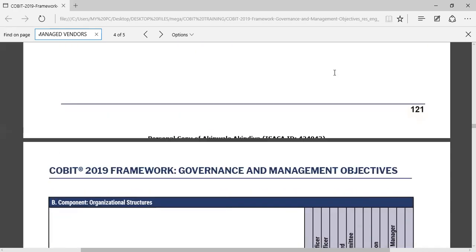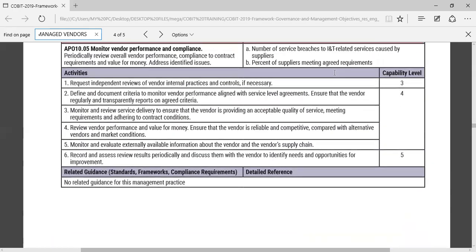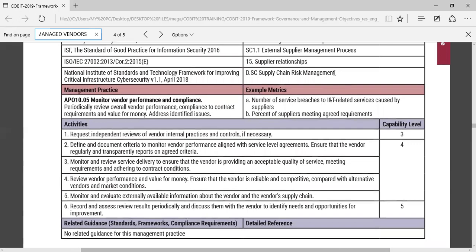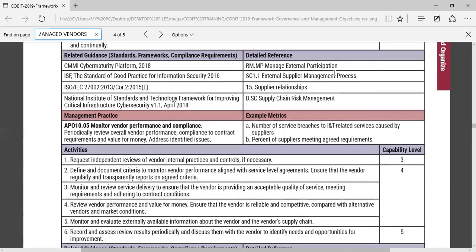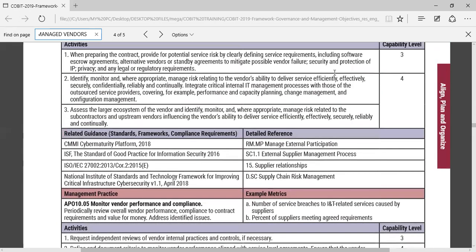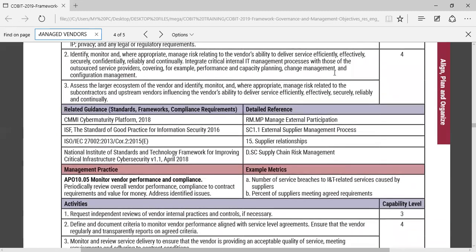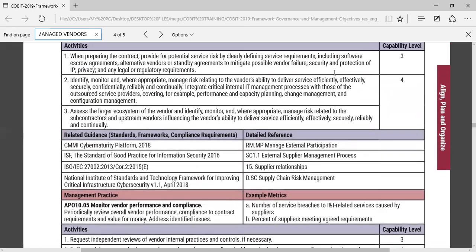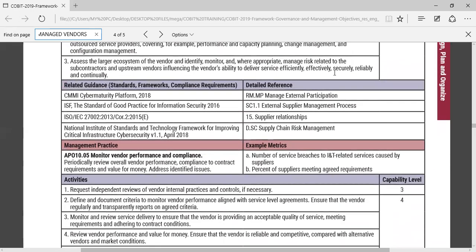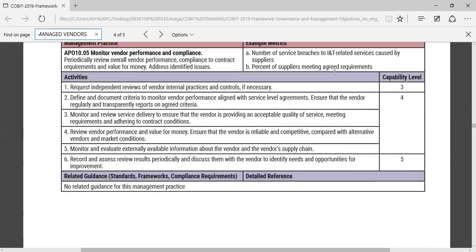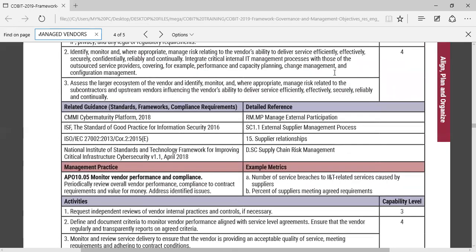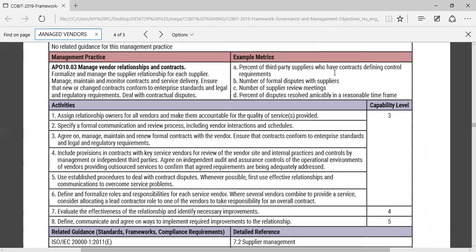Okay, so which means basically we have 5 management practices under the process of managing the vendor using COBIT. And under those 5 management practices, we have looked at various activities that COBIT expects us to implement.